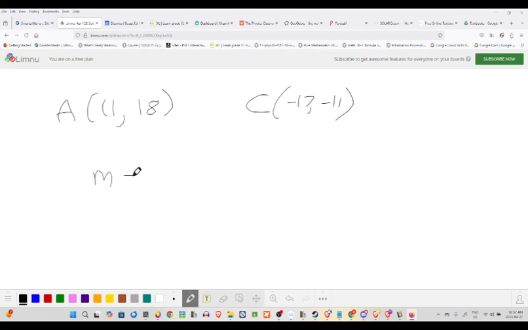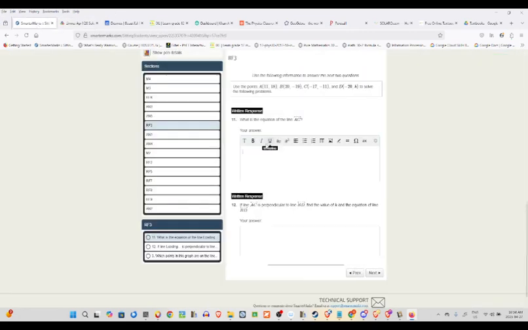Our slope we're going to need, let's do 18 and 11 first. That makes the negative 11 and negative 17 second. Gives us 29 over 28. Okay. So that is a slope.